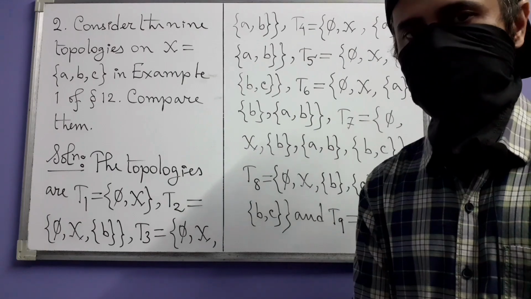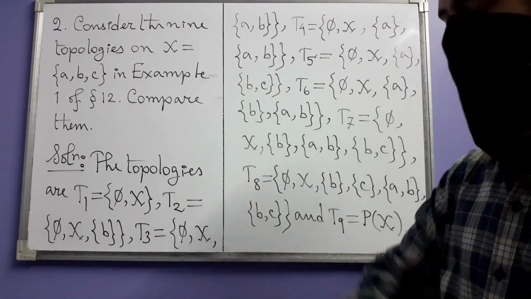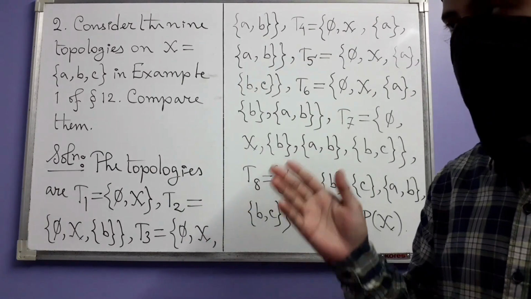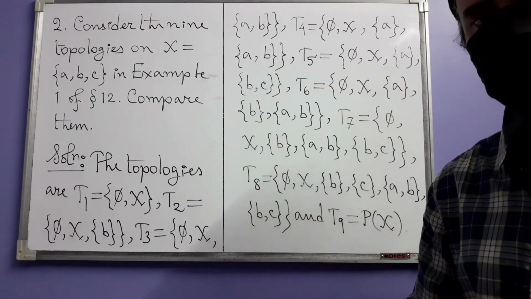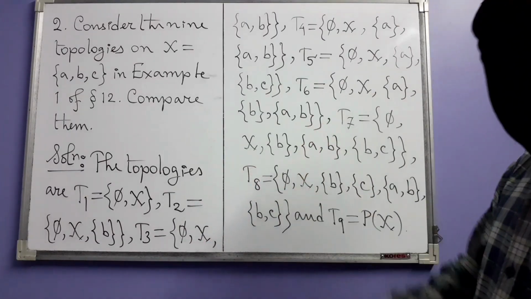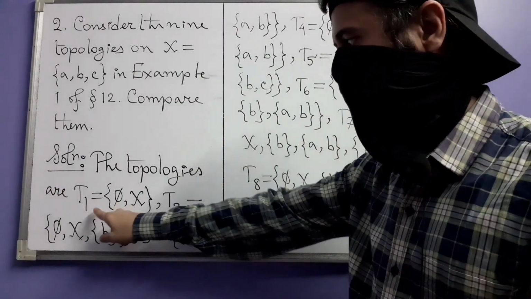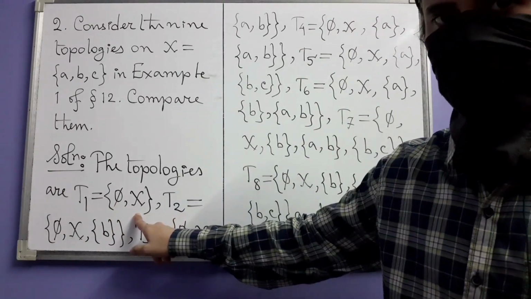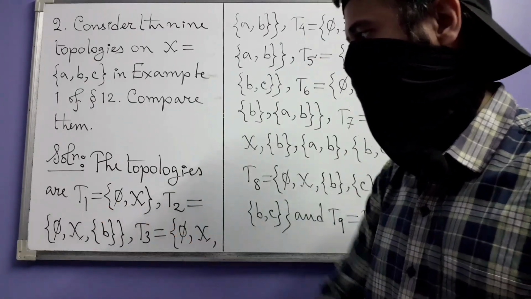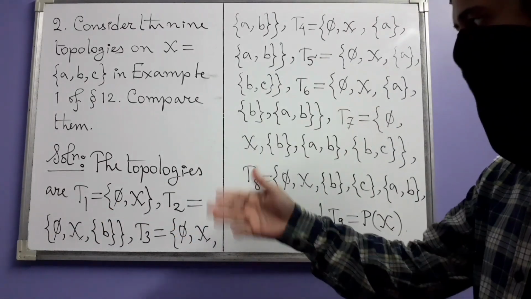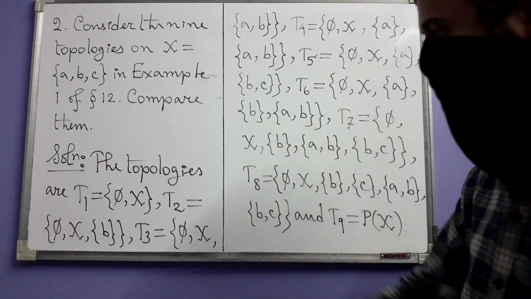So we start the solution by listing the topologies, and not just simply listing their names but actually showing what the topologies are. The first one is of course the smallest, the trivial one consisting of only the empty set and the set X, that is T1, and then gradually the size increases.